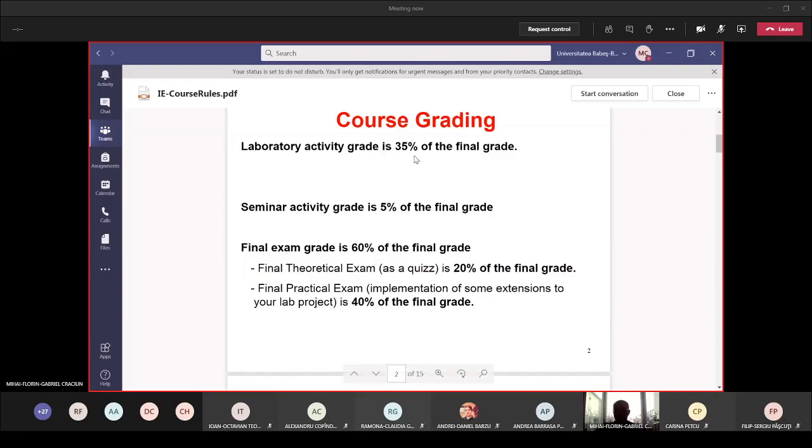For the lab, all the assignments are equal. So how many assignments did you have? 7, right? Yes. So that means each assignment is 5% of the final grade.